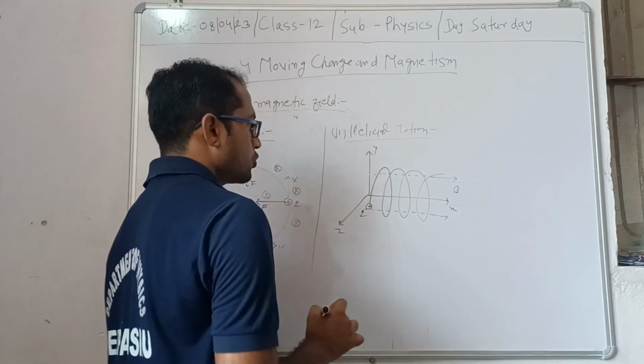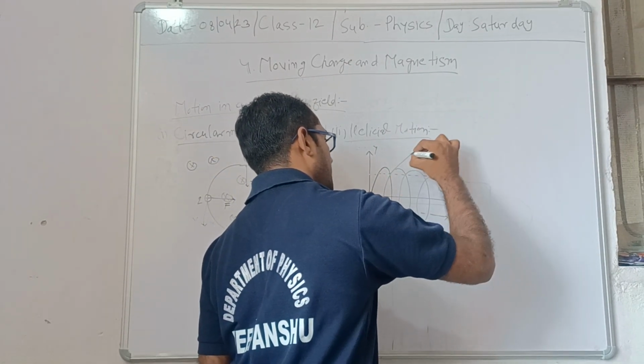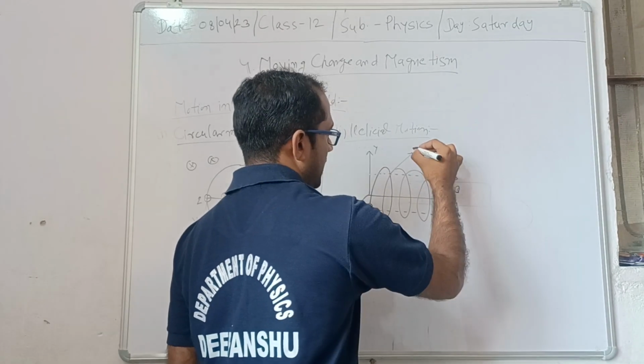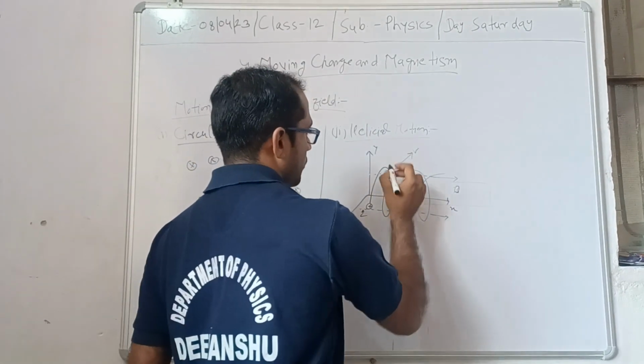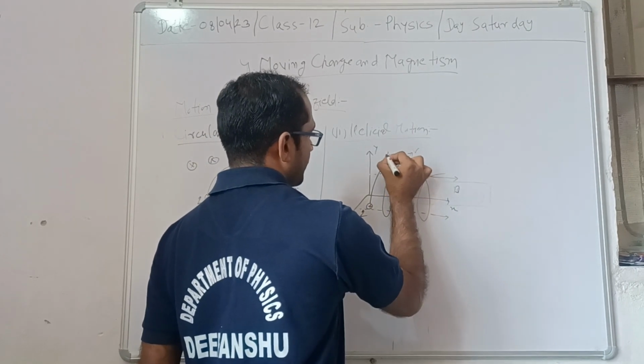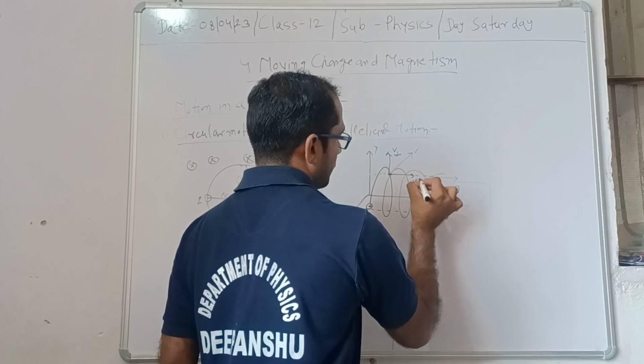At that point, the velocity direction is like this, and if we break this velocity into its components, this is the perpendicular component and this is the parallel component.